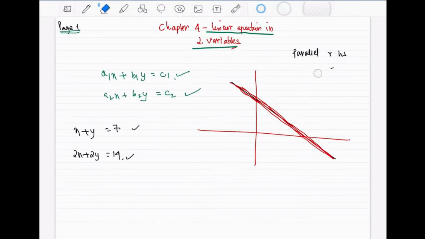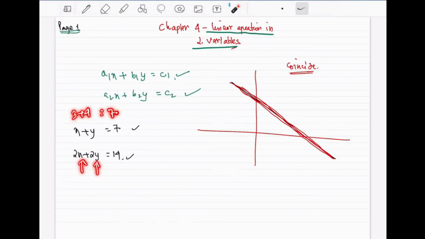So if the two graphs are the same, we will say they coincide, and we will say there are infinitely many solutions. Okay. The condition that satisfies here will satisfy here also. If I take 3 plus 4 is equal to 7, if you put x as 3 and y as 4 here, we will have 2 into 3 plus 2 into 4, which is 6 plus 8, which is 14.